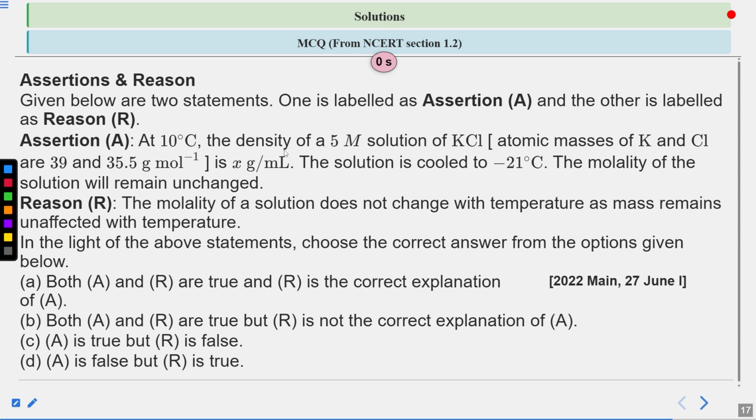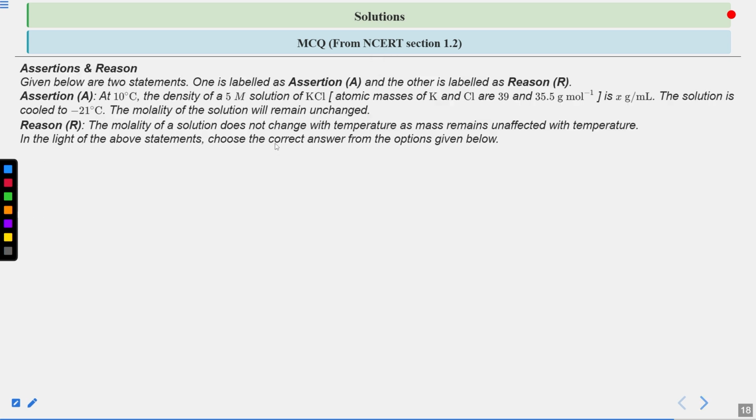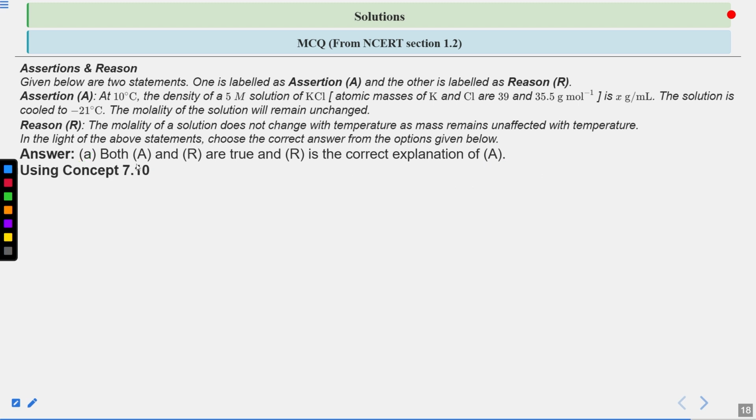Okay, let's see. For this question, the correct answer is option A, that is both A and R are true, and R is the correct explanation of A. Now, using the concept 7.10, let's solve it.